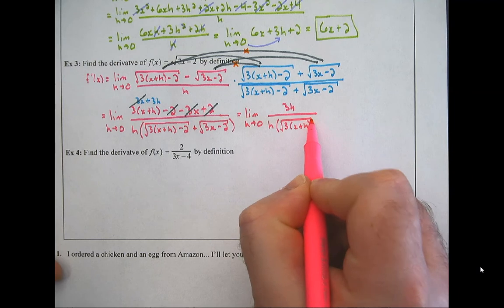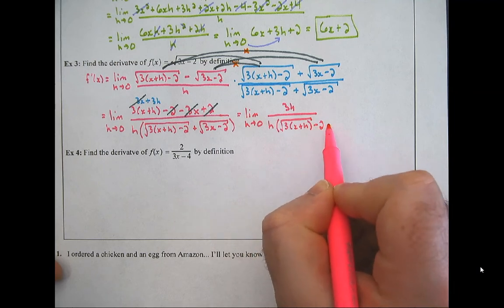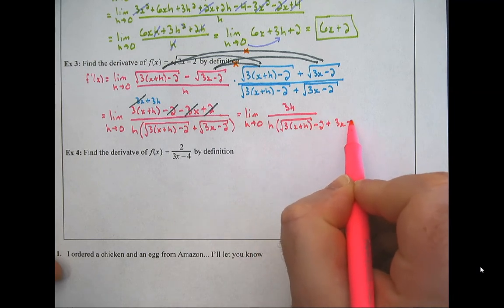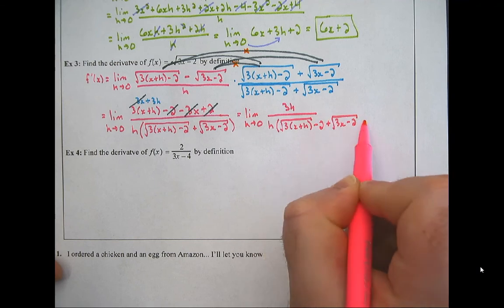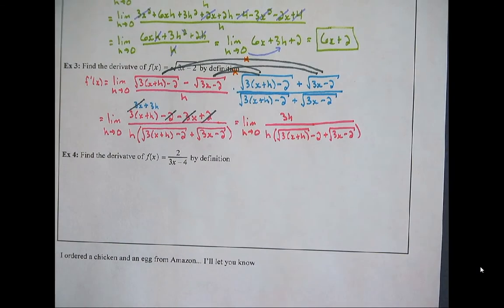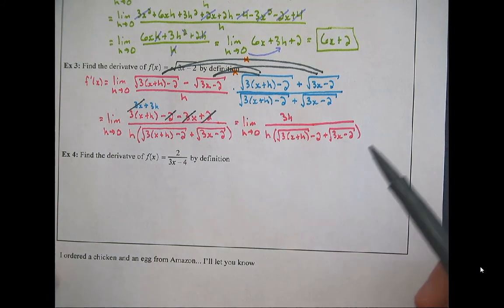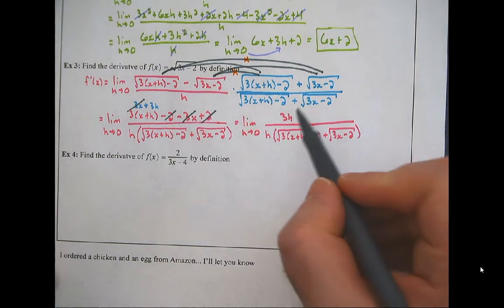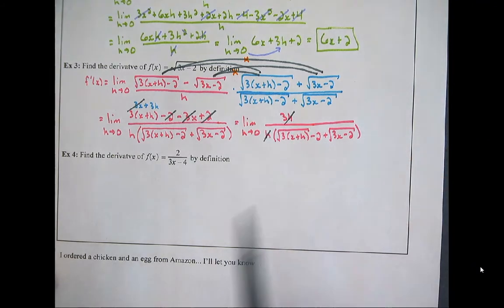We can't shortcut that part. Minus 2 plus 3x minus 2. Oh boy. What's good about this? What do you notice we have on the top? h. What do you notice we have on the bottom? h. I can now cancel an h for an h.